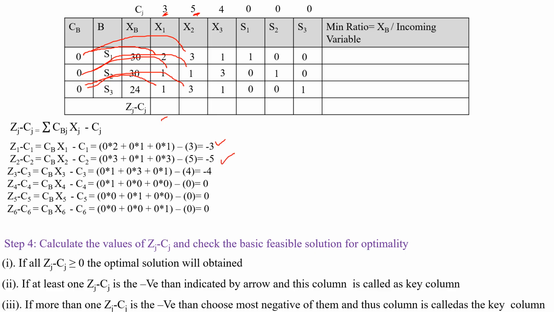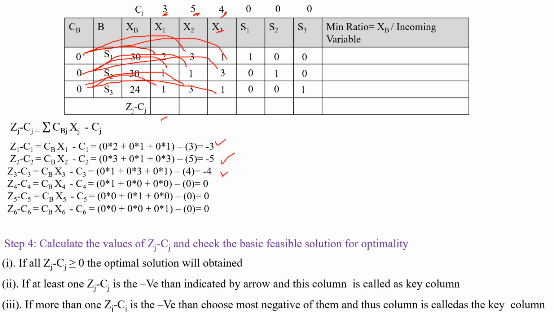Next we calculate Z3 minus C3 for the variable x3, which becomes 0 into 1 plus 0 into 3 plus 0 into 1 minus 4, which is equal to minus 4.